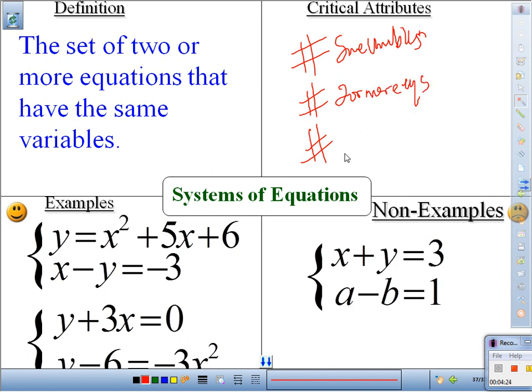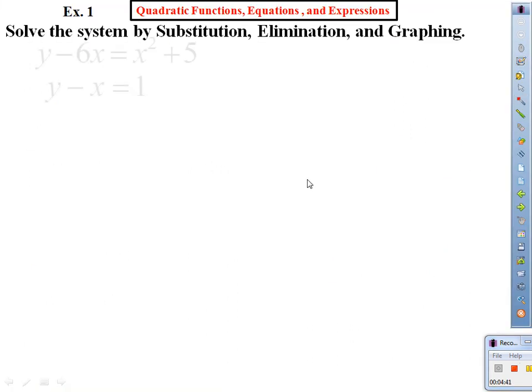Yes. Hashtag equations. Yeah, they have to be equations. Hashtag. Bam. All right. So, turn your paper over in the back.